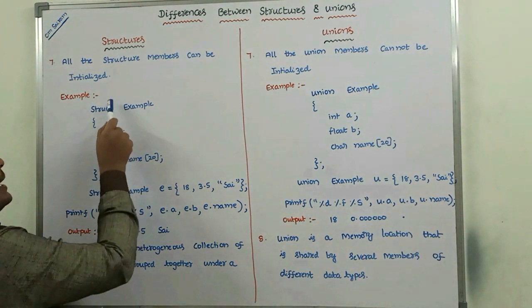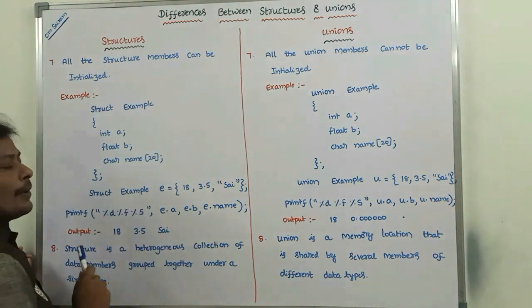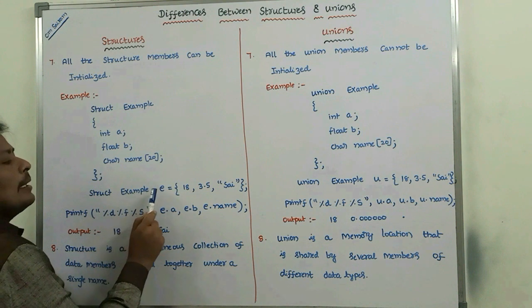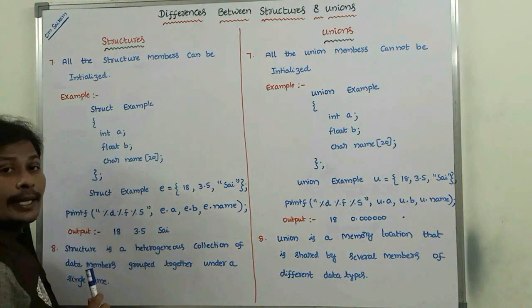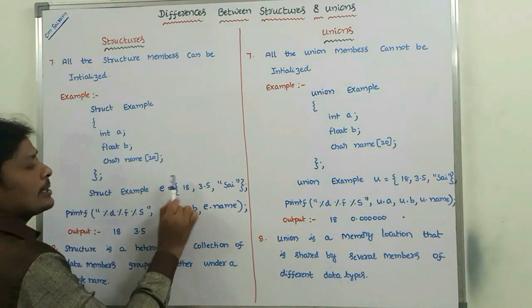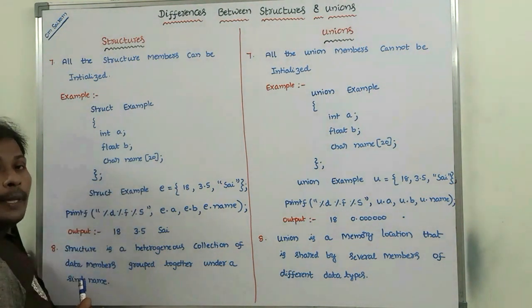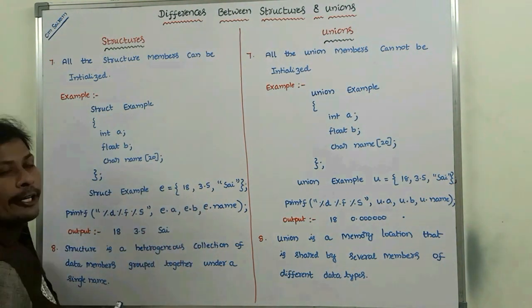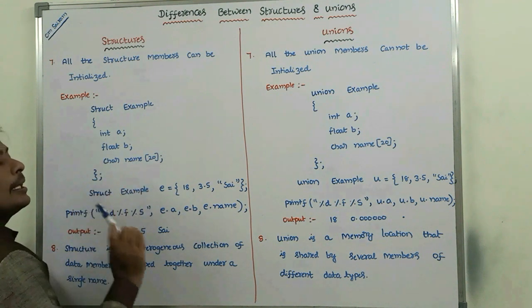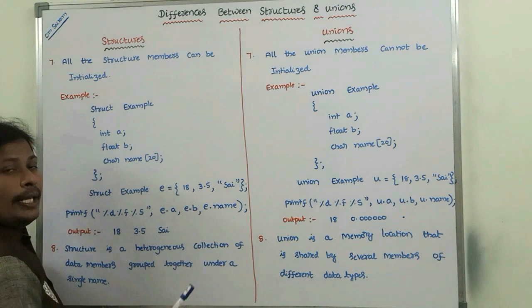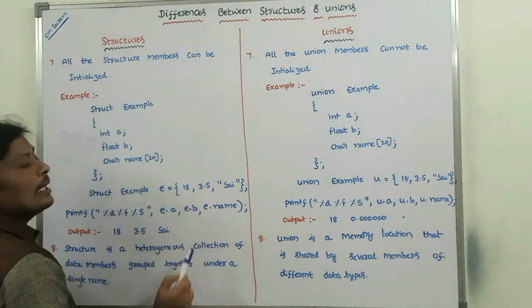We are creating a variable for the structure example, which is E. Struct example E is equal to, here the first data member is int A, its value is 18. The second data member is float B, its value is 3.5. The third data member is char name of 20, its value is Sai. Whatever the string is, it is put in double quotes.